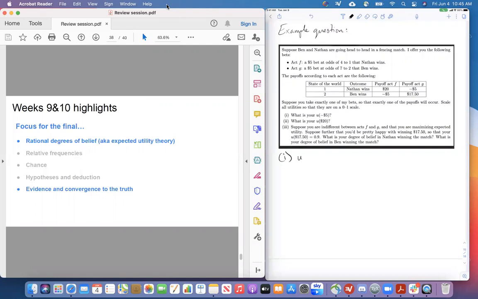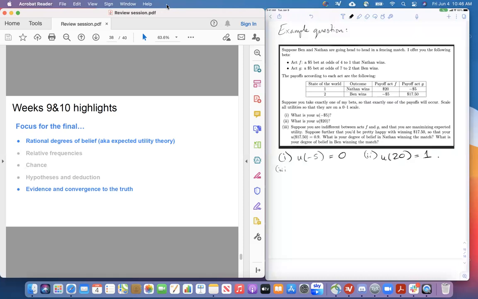The worst thing that can happen is losing $5. So U of -5 is your 0. Similarly, what's 1? That means it's the best thing that can happen to you. Well, the best payoff, according to this table, is you winning $20. So U of 20 is your 1. That's the best thing that can happen to you.